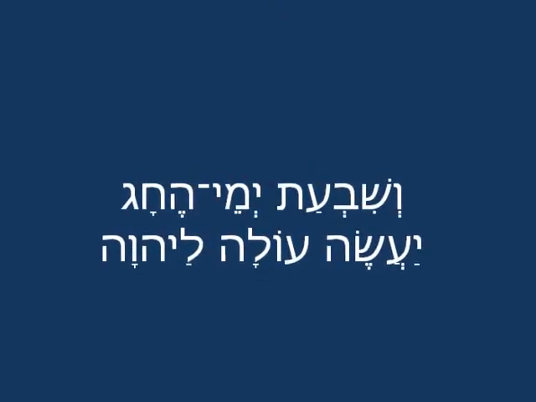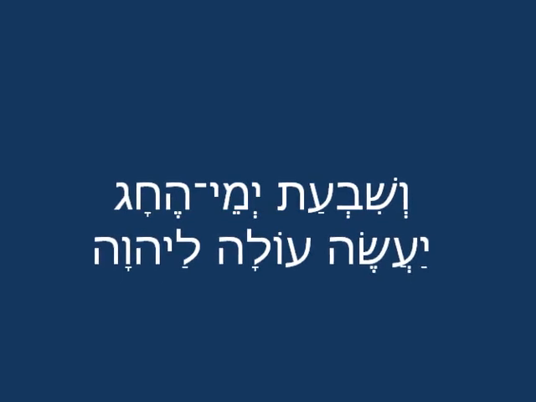In pasuk esrim v'shalosh, verse 23, we read, v'shivat yemei he-chag, the 7 days of the holiday. Again, the hey with the segol because of the chet, he-chag.